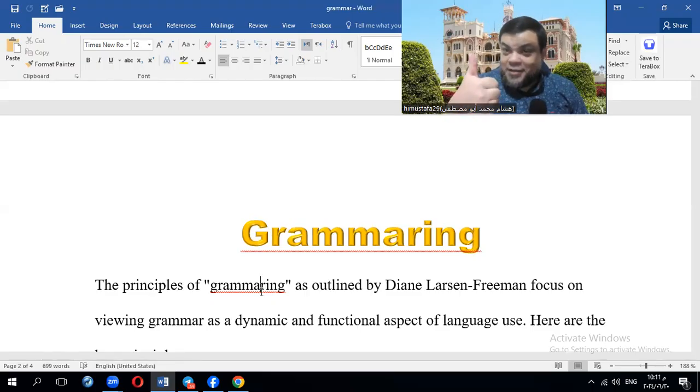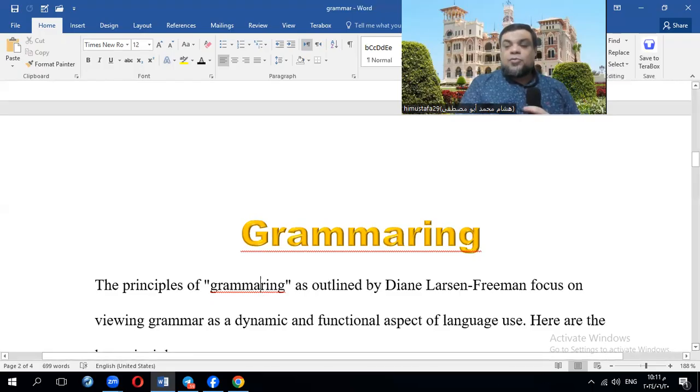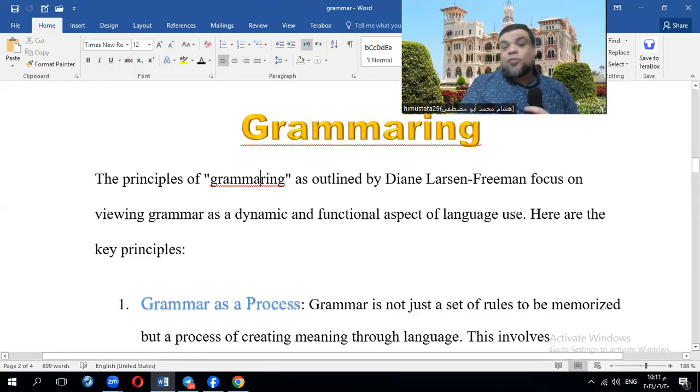Like reading, writing, speaking, and listening. Grammaring is a gerund like these words, structured in the same way, with ing. So it shows the process. That's why it's considered a skill. So this is the meaning of grammaring.